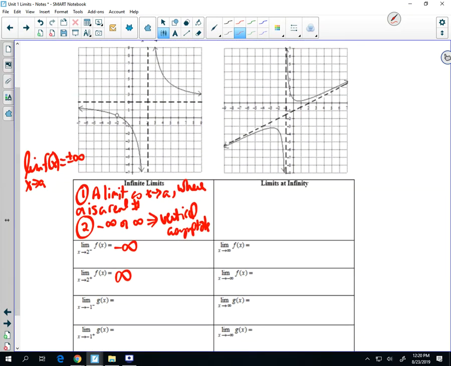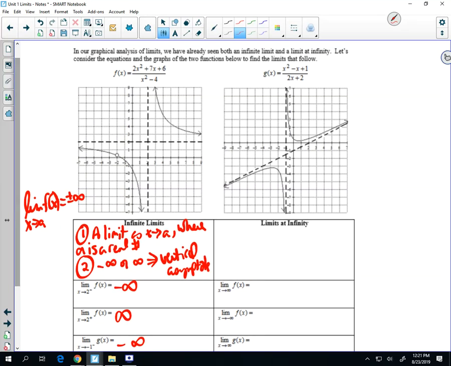The same thing looking at this graph, we can see approaching negative 1 of g of x, that's this other one over here, right? g of x coming from the left is going down to negative infinity, and g of x approaching negative 1 coming from the right is going up to positive infinity. So when your limit is approaching a number and your answer is infinity, that's how we know there's a vertical asymptote.